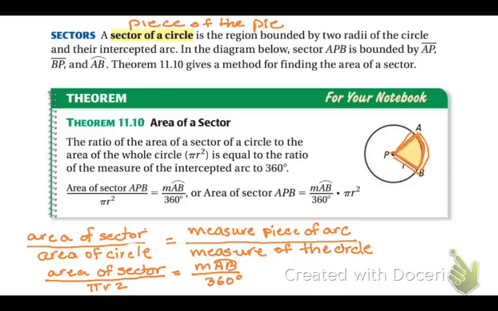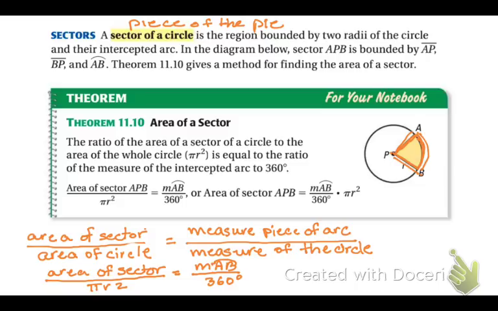So we always put the part over the whole. So the sector over the whole circle area is equivalent to the measure of the arc divided by 360 degrees, the part divided by the whole.